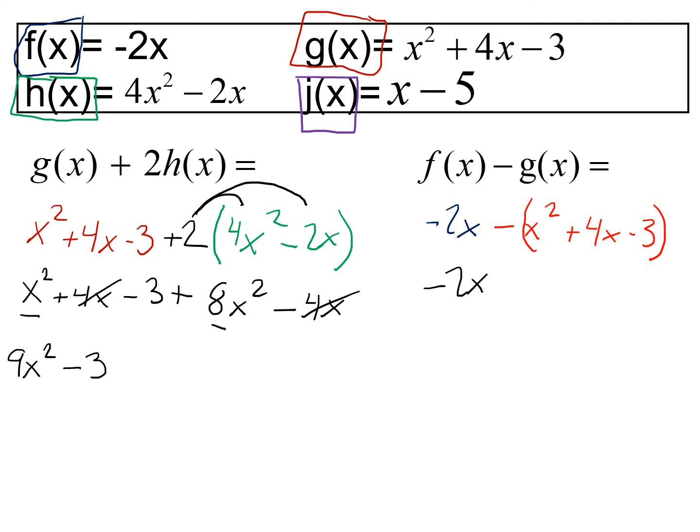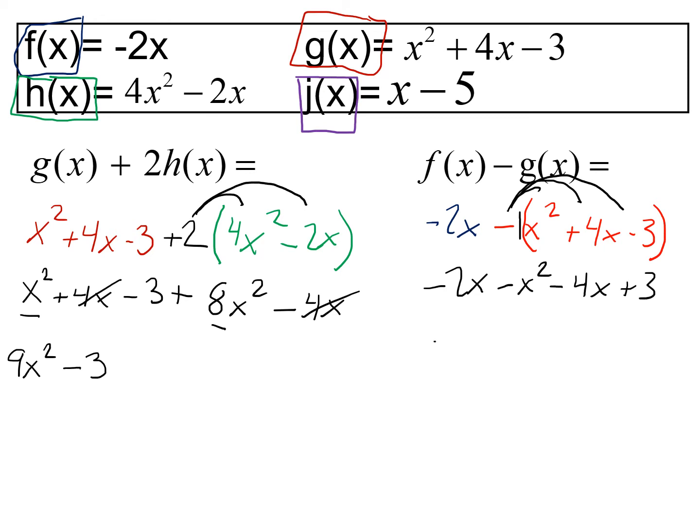And I put this in parentheses now because there's a little hidden negative 1 in front of the parentheses that I have to distribute to all 3 terms in g of x. So I've got minus x squared, negative 1 times 4 would be negative 4x, and then negative 1 times negative 3 would be plus 3.